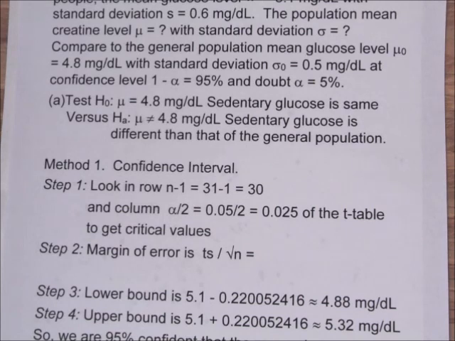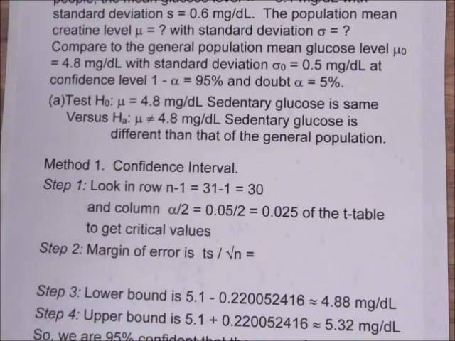Both z and t tables are bell curves, but for the t table, the bell is a little bit more spread out. There's more in the tail, and for large samples, the t table is pretty much the same as the z table, but for smaller samples, the bell is a little bit more spread out. So we're going to use the t-table here.